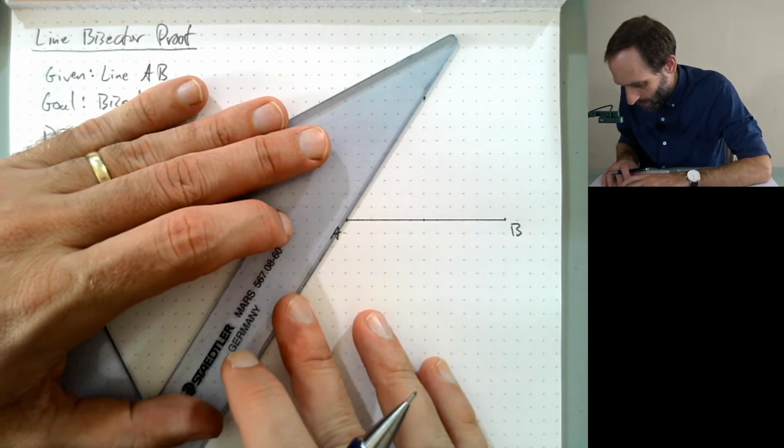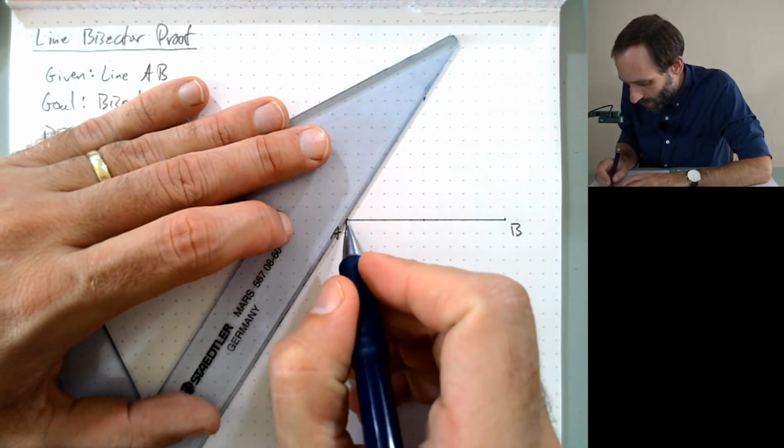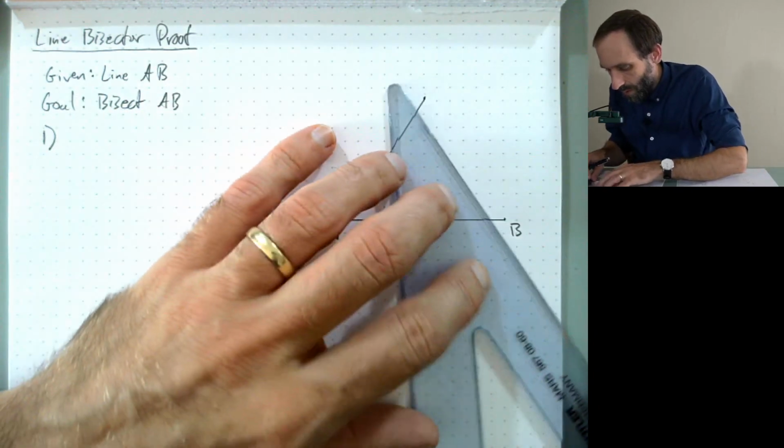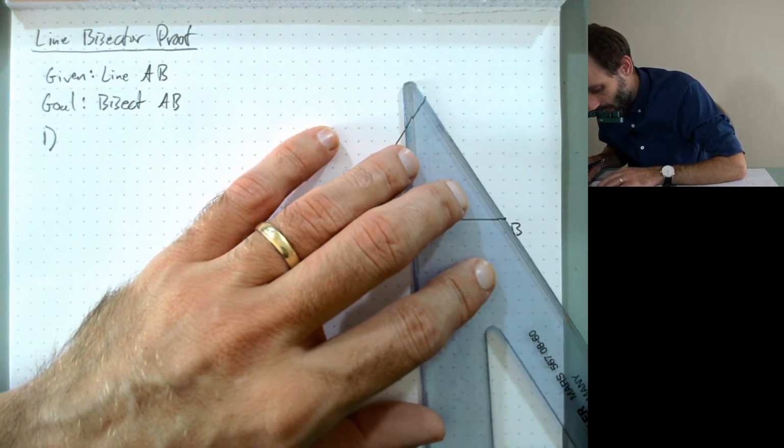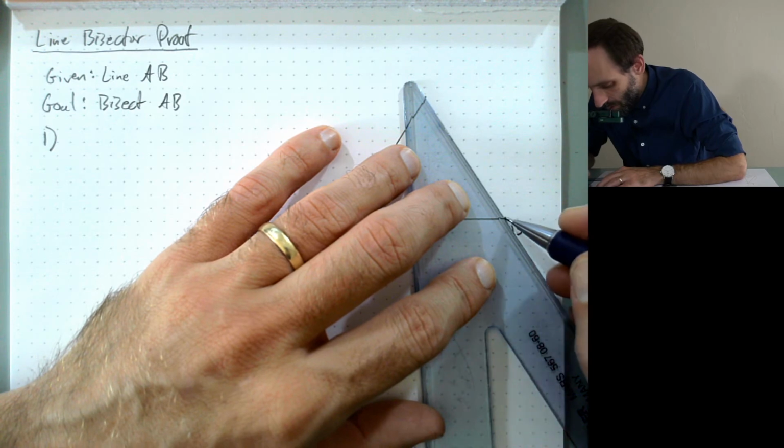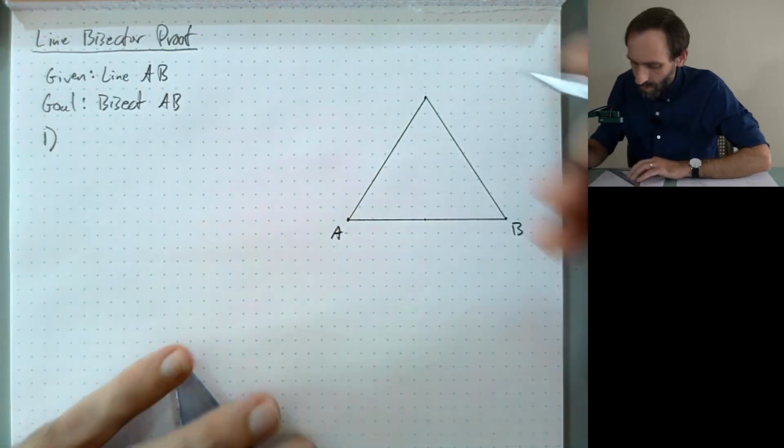And so let's go ahead and just draw this in and say, okay, I have constructed equilateral triangle ABC.